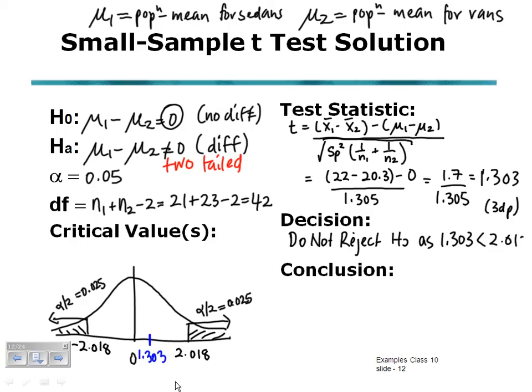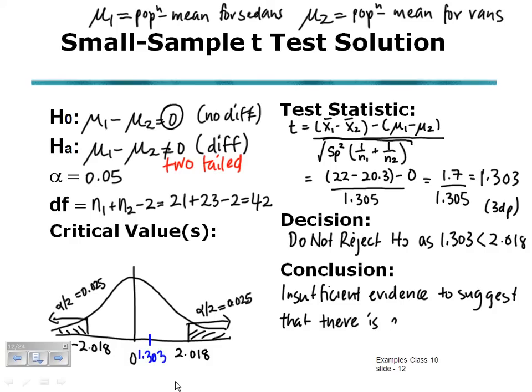So our conclusion is we have insufficient evidence to suggest that there is a difference in the average miles per gallon for sedans and vans.